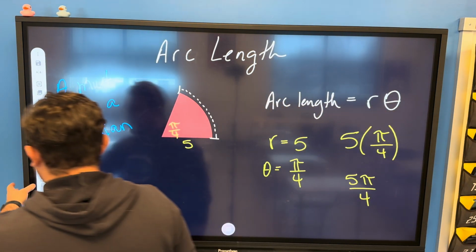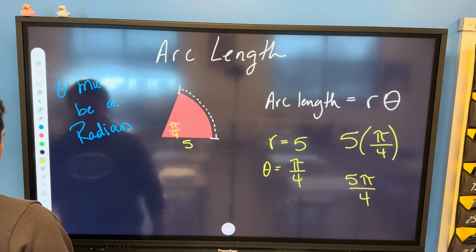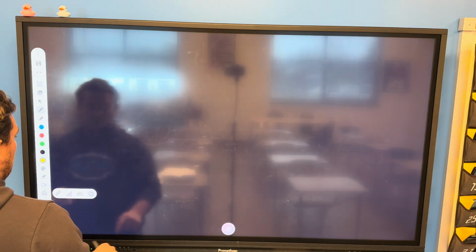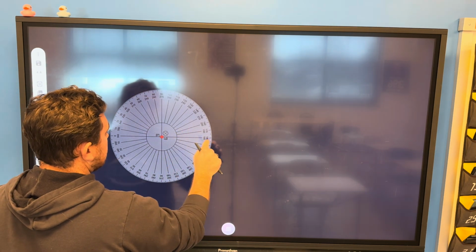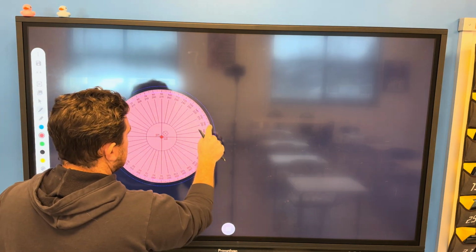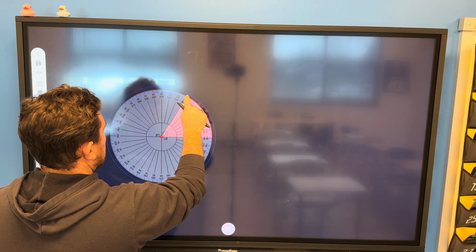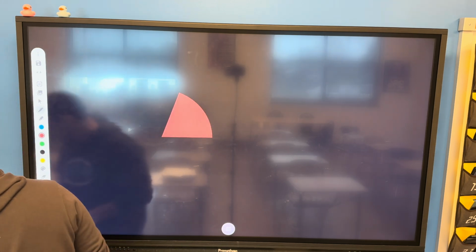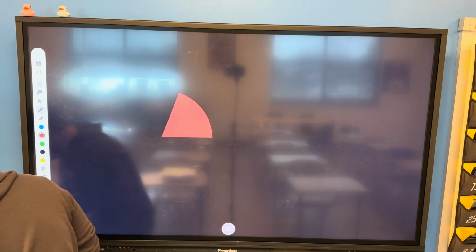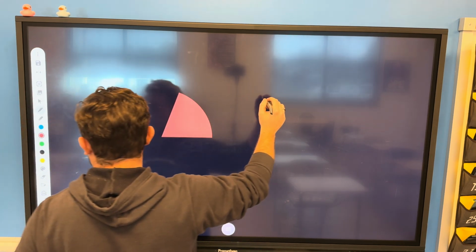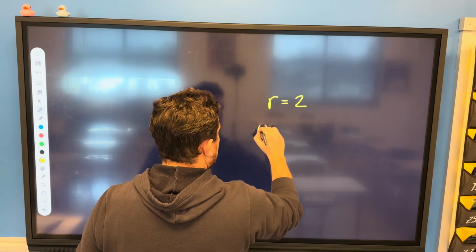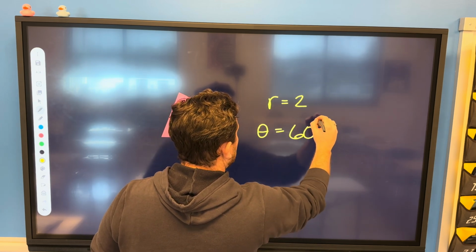If, for some reason, instead of radians, you're given degrees, let's say here's our slice of pie. We'll make it about the same size. Let's say that the radius this time is 2 and the degree is 60 degrees.